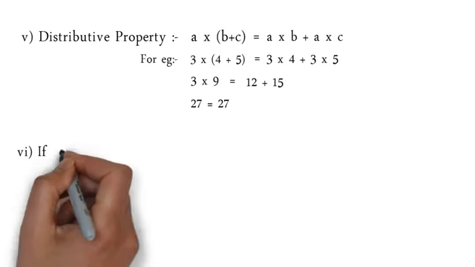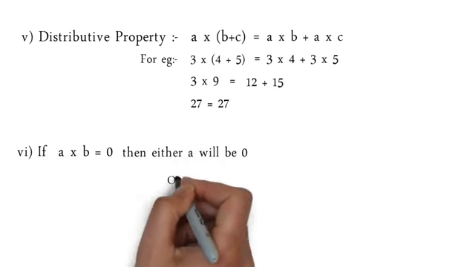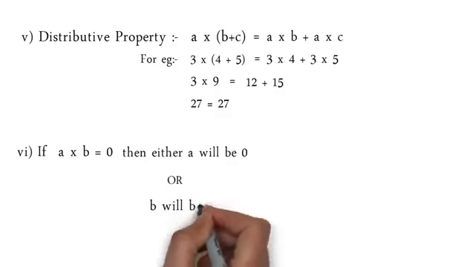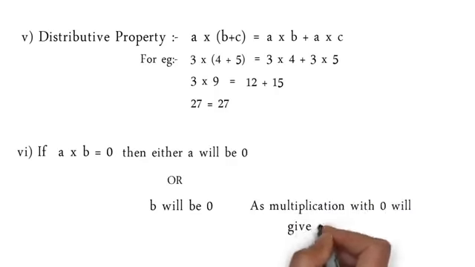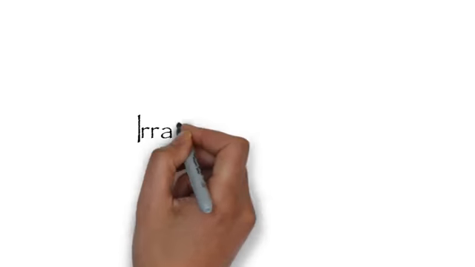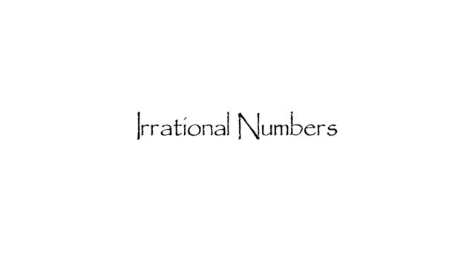Sixth, if a into b is equal to 0, then either a is equal to 0 or b is equal to 0, as the multiplication with 0 will give the answer 0. Irrational numbers. Numbers which are not rational numbers are called irrational numbers.